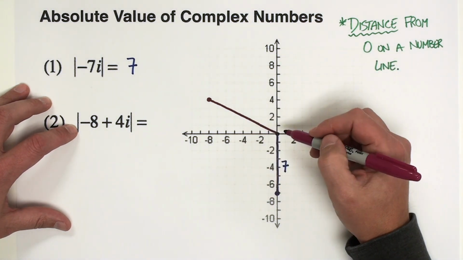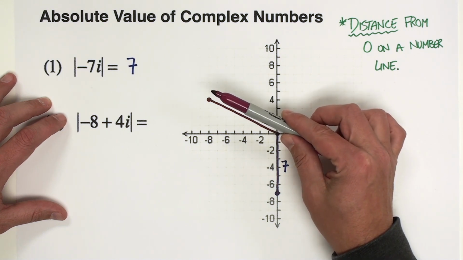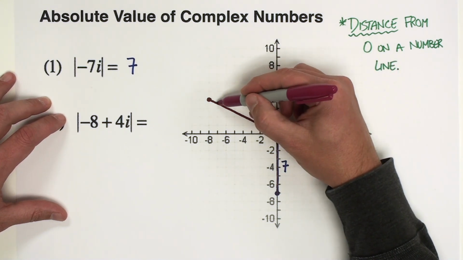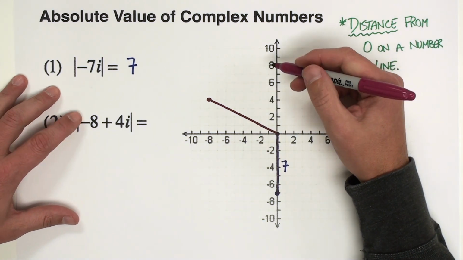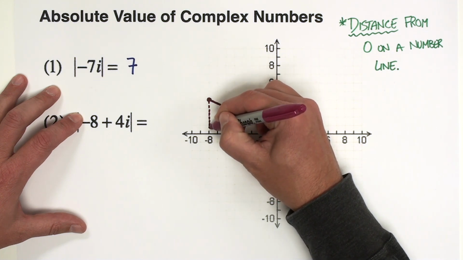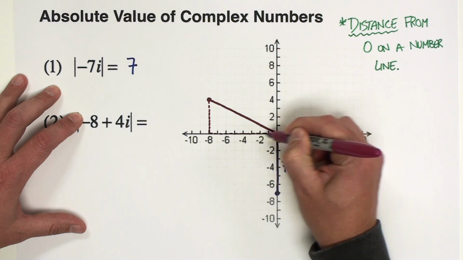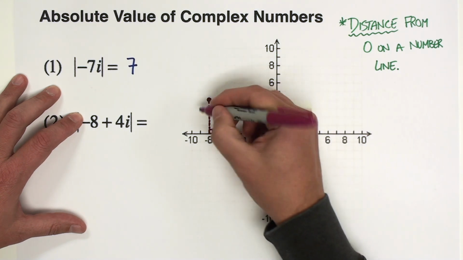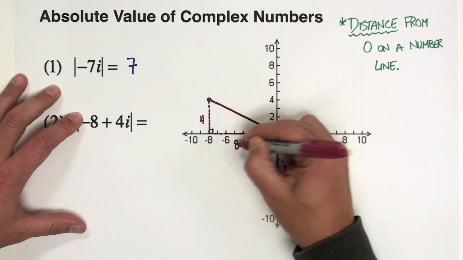What's that distance? Now, because this distance is on a slant like that, I can't just count through the boxes. But we know how to do problems like this. We've seen them before. I can create a triangle underneath it, a right triangle specifically. This right triangle has legs 4 and 8.